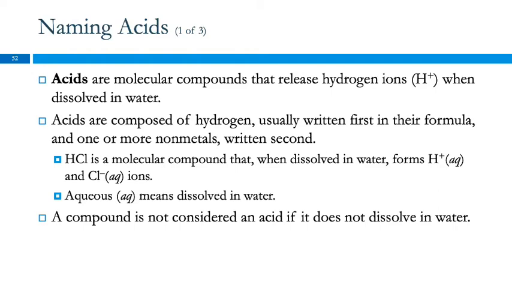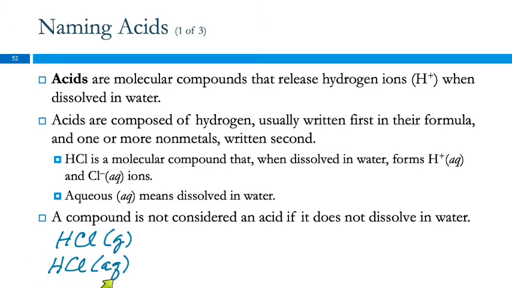If you had a compound that started with H but didn't dissolve in water, then it would not be considered an acid. If you want to be really picky, HCl in its pure form is a gas, and that would be named as a molecular compound.